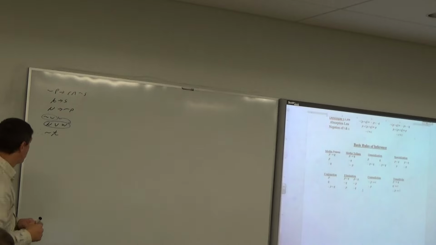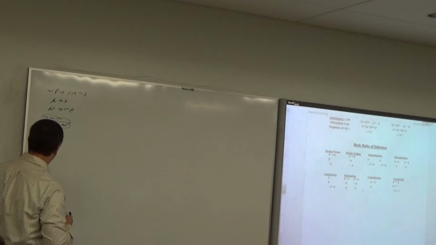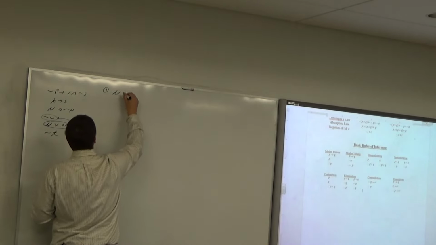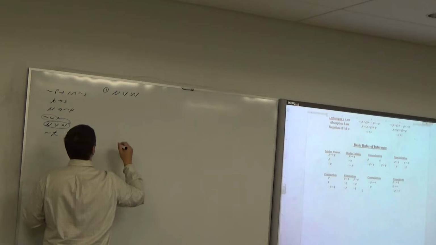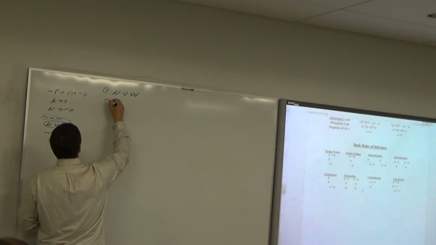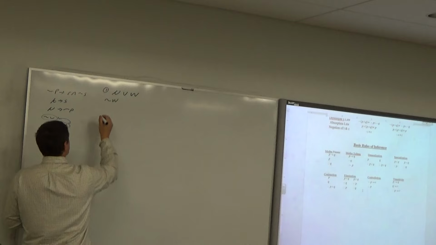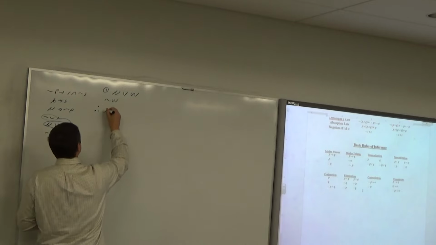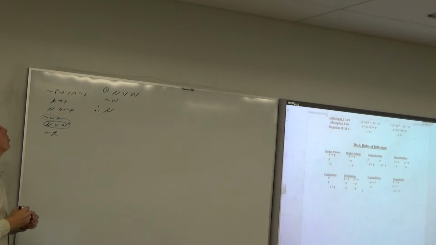Go ahead, sir. U or W, and then not W, so you got U. Okay, so we would have U or W. That's given. Not W is also given. And therefore you ended up with U, correct, sir? Yes. Okay. Now, what was one of the 8 reasons that you were able to give that, sir?